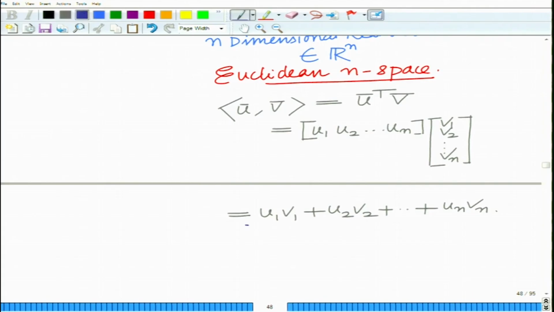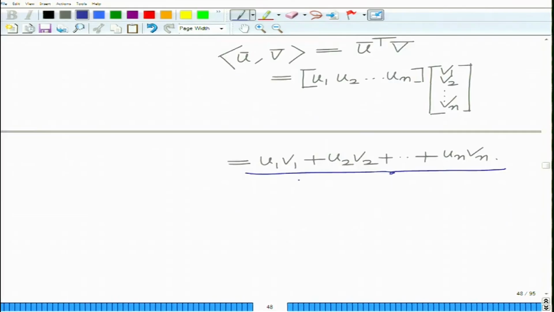Okay. So, this is the dot product between two n dimensional real vectors, something that you might have well seen in your vector space or vector calculus class in high school. All right. This is a standard dot product, which is also denoted by the dot operator, that is u bar dot v bar.